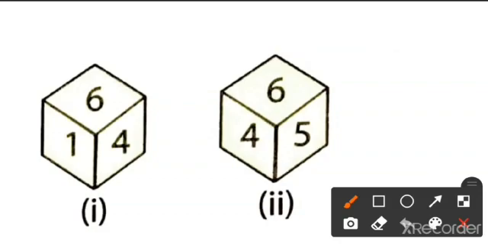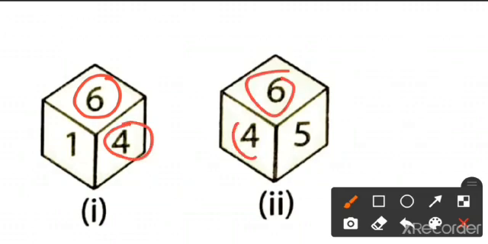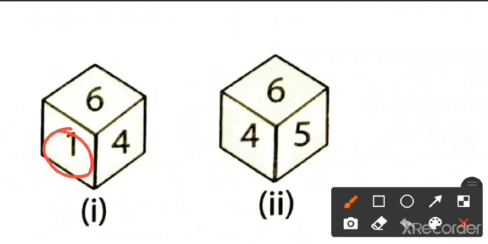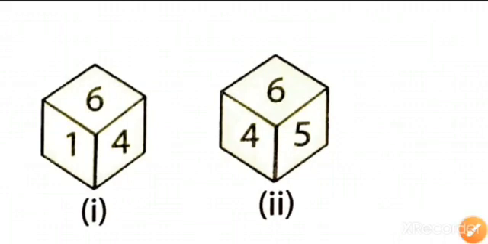But here, see, we have two common faces, 6 and 4. In such cases, we just have to take the uncommon numbers, that is 1 and 5. So here 1 and 5 will be directly opposite. You can also check.